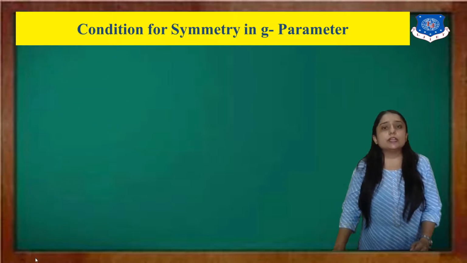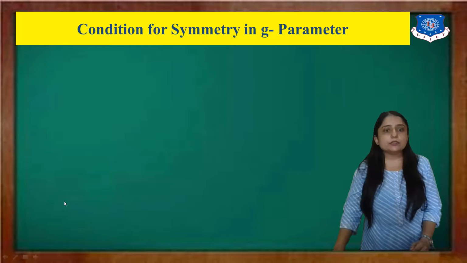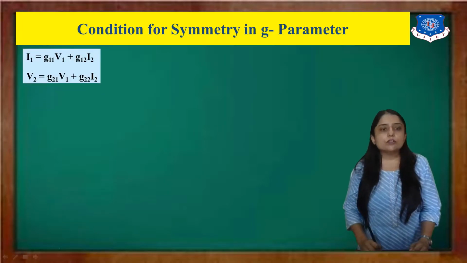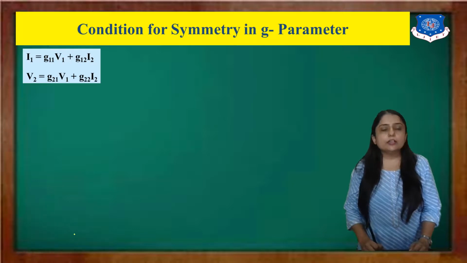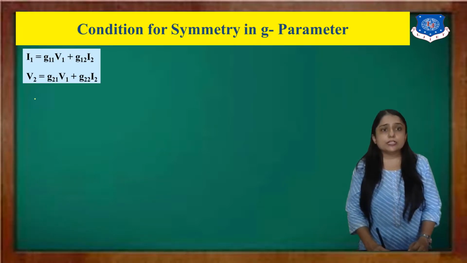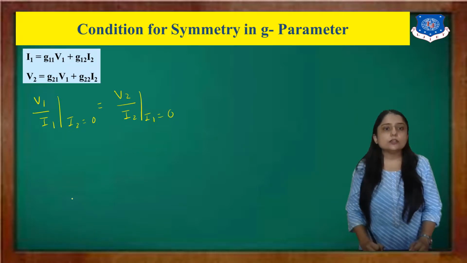Now next we will discuss the condition for the symmetrical network in G parameter. For that, first of all I will consider these two equations, and here I have to find out that the input impedance equals the output impedance. Then I can say that my network is a symmetrical network.